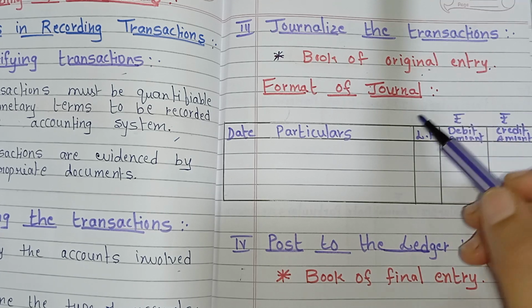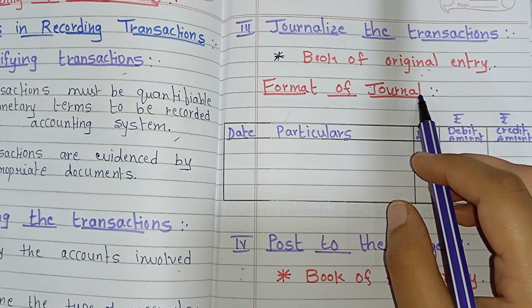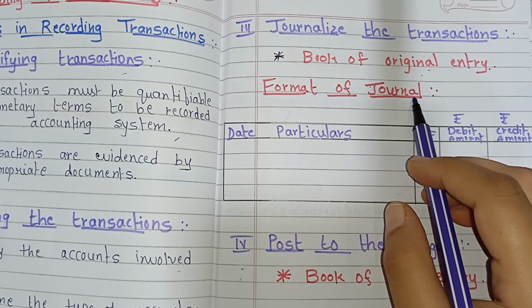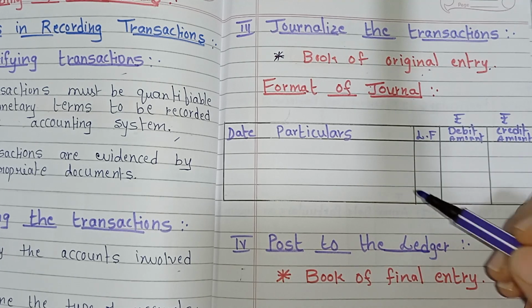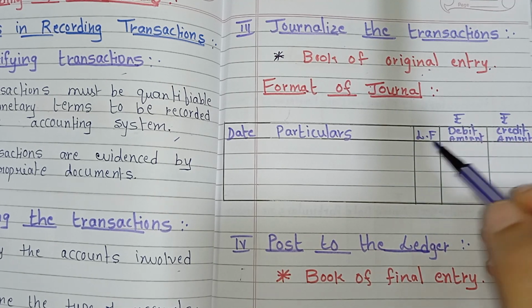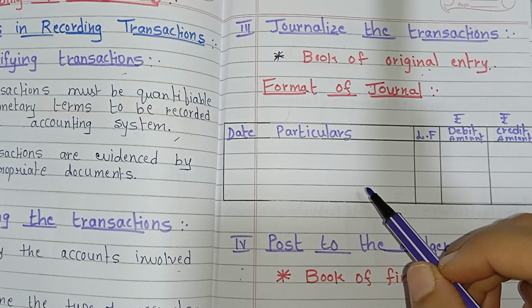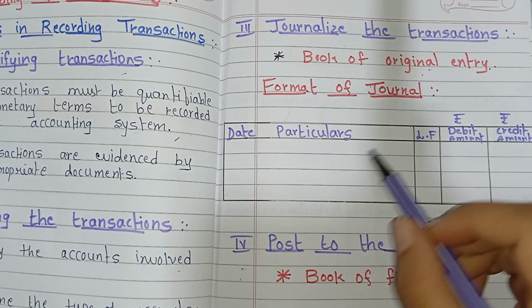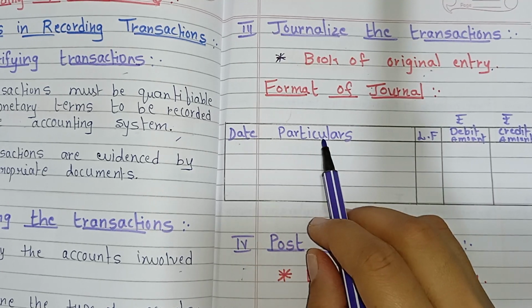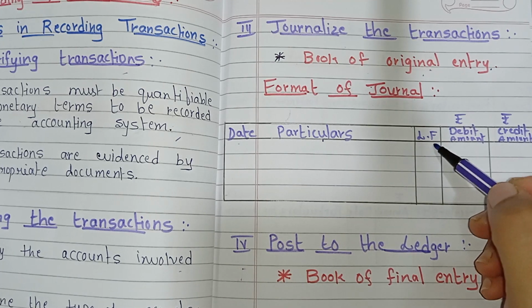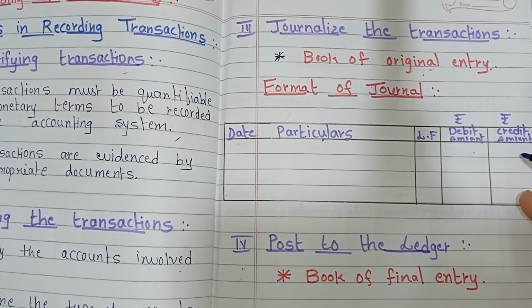Fine. Now we will check the format of the journal. How do we have to enter the transactions? See, here are date and particulars, ledger folio, debit amount and credit amount.